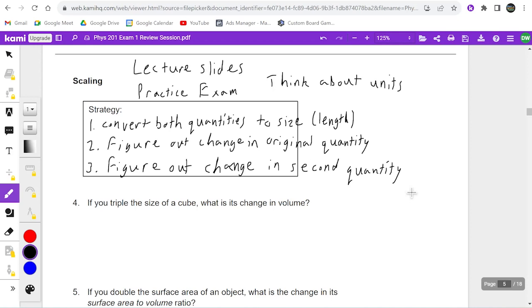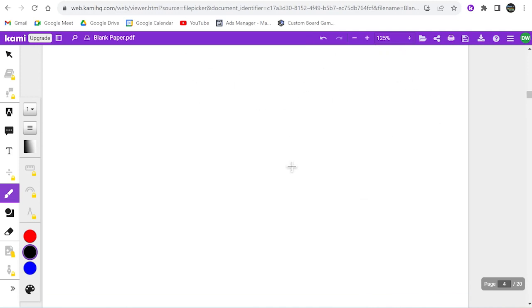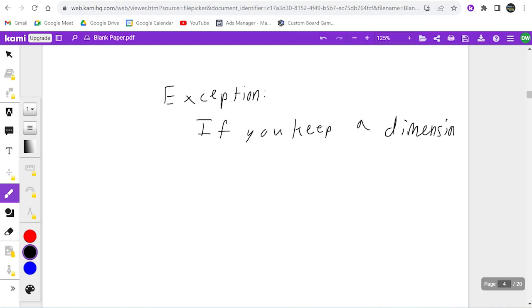One final note, and this is probably going to be the hardest part for you guys, or at least the hardest part for me to explain. There is an exception to the rule, and the exception is if you keep a dimension the same, and by a dimension I mean length, width, or height.